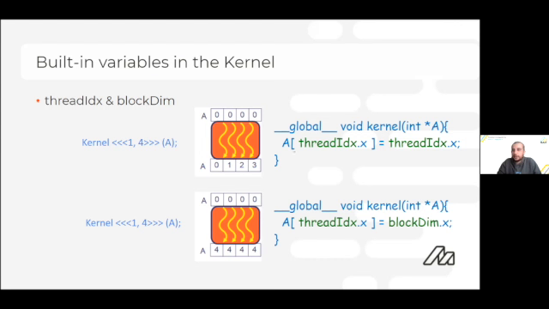Because each thread is going to see its own thread ID, A0 would be 0, A1 would be 1, A2 would be 2, so that's how we have it after execution. But if it was block dim, what do you think? Because we have 4 threads in each block, block dim would be 4, and it would always be initialized to 4 for each element of A.